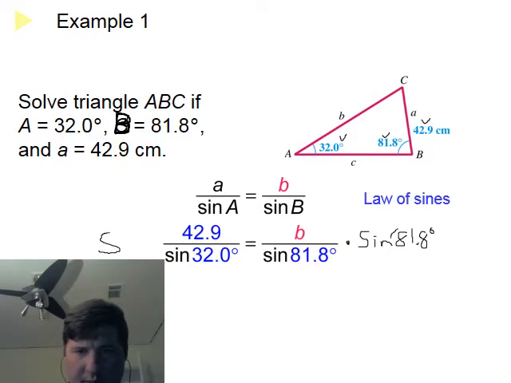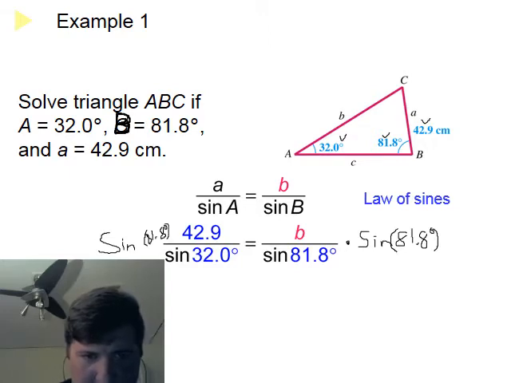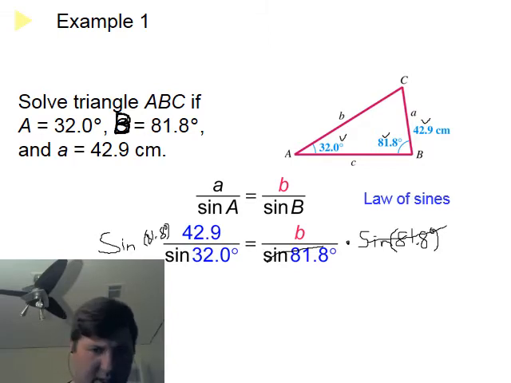I don't know if I'm going to have room for this. There, I'll just cram that in there. So over here, we're multiplying and dividing by this sine of 81.8 degrees. That gets rid of it and leaves us with just side B, which is our lowercase b.